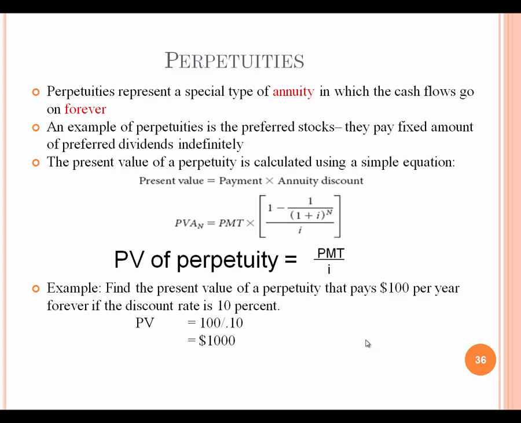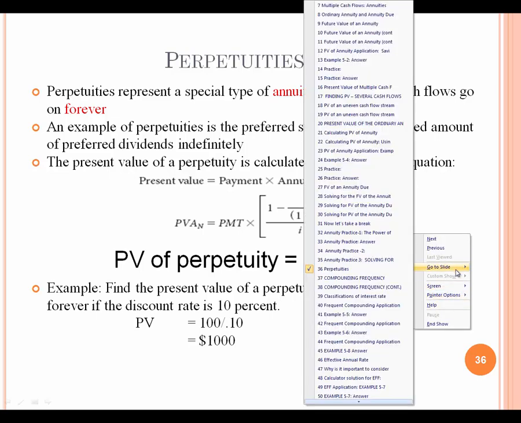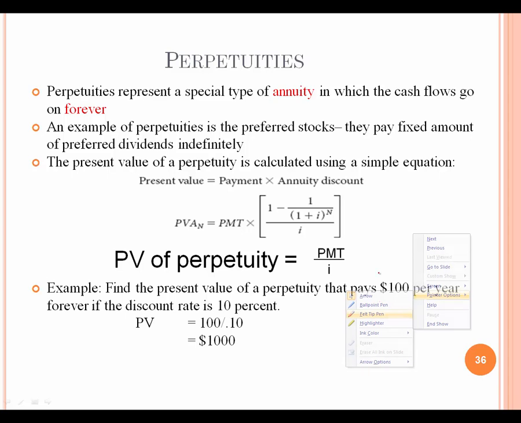Think about the present value of an annuity formula. So you see that present value equals payment multiplied by this annuity discount factor.